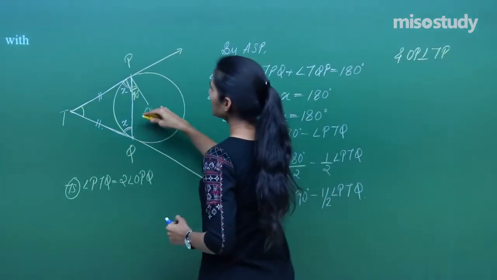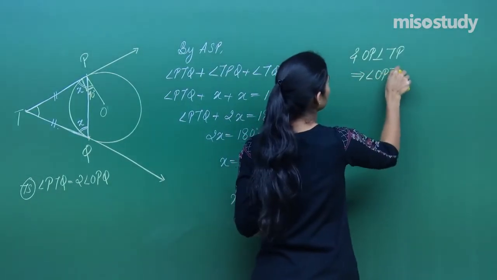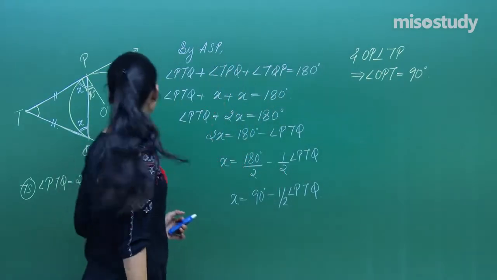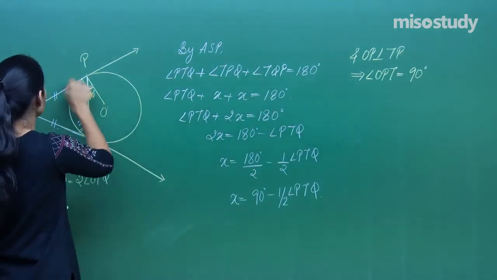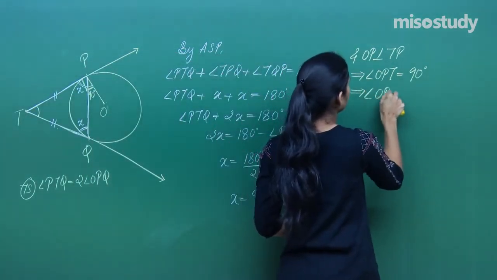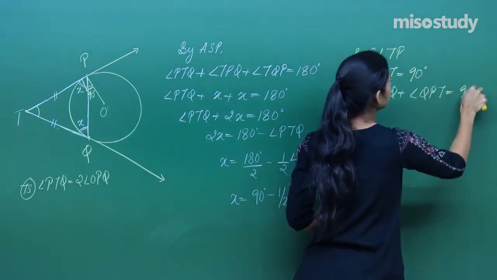And therefore you get angle OPT is 90 degrees. Now angle OPT can be written as OPQ plus QPT, so angle OPQ plus QPT is 90 degrees.